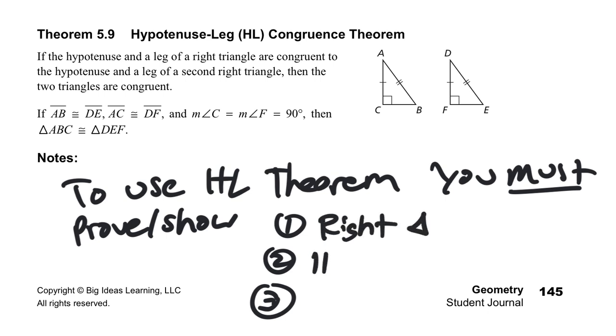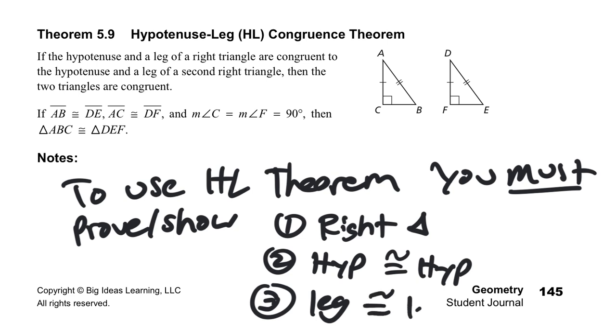You have to show that the hypotenuse and a leg are congruent to the hypotenuse and a leg of the other triangle. You have to be able to show all three of those before you can even state you have the HL theorem. So let's get going with this.